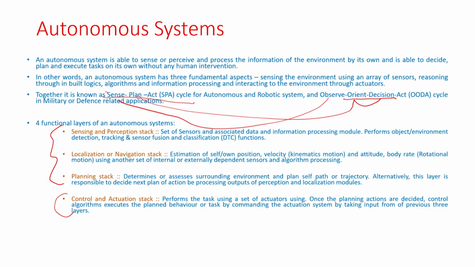UAVs have vision. They have some onboard radar or some kind of onboard camera, which will take the information. Take a national example: say you are working with a MALE UAV, say Tapas, and you want to do some surveillance along the Indian Ocean.